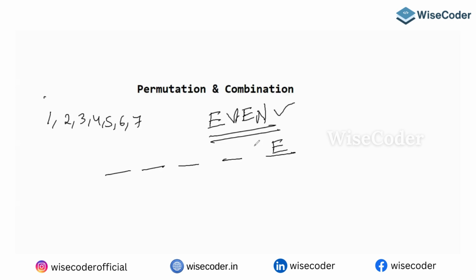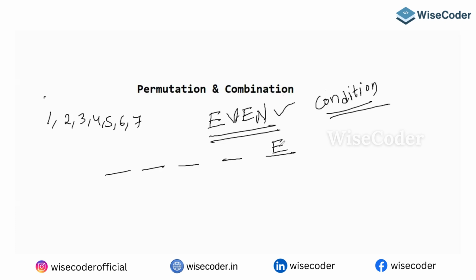Only then can we call that number an even number. Whenever you come across a condition, you have to decide which position is the priority. Of course, this position is the priority.